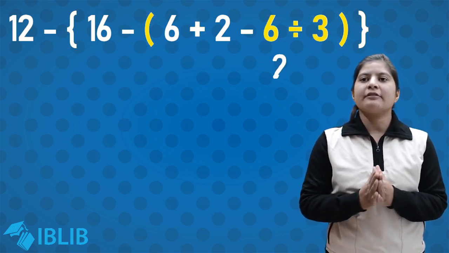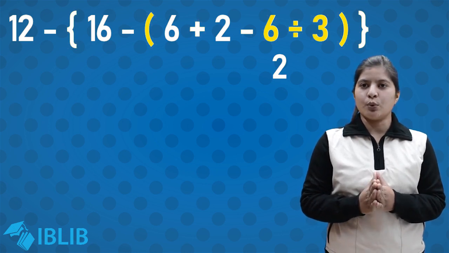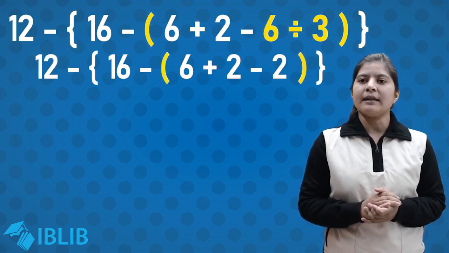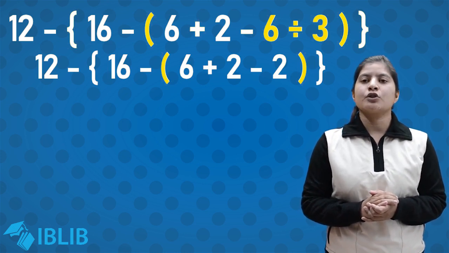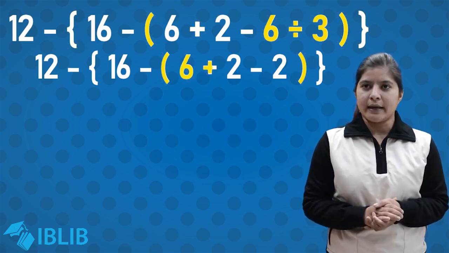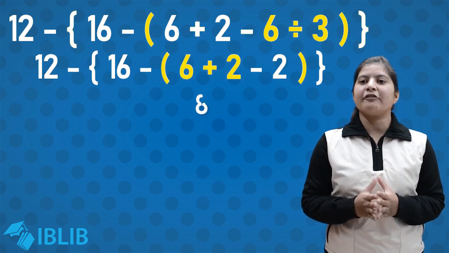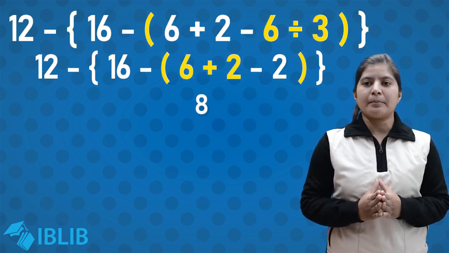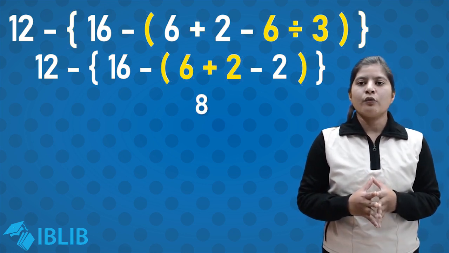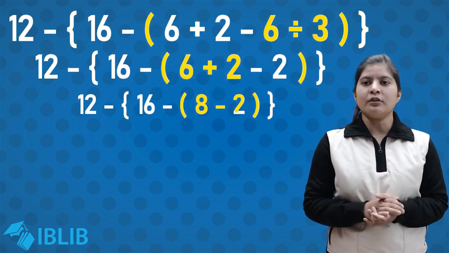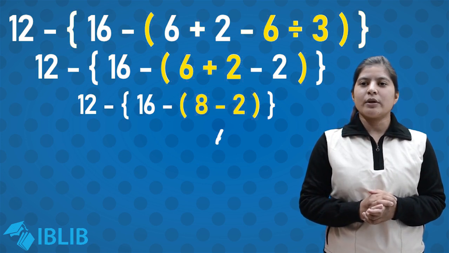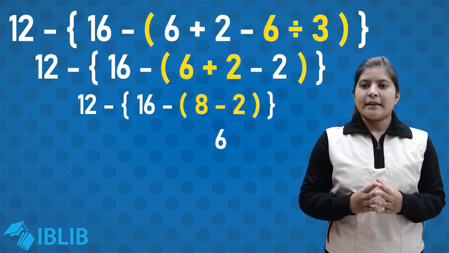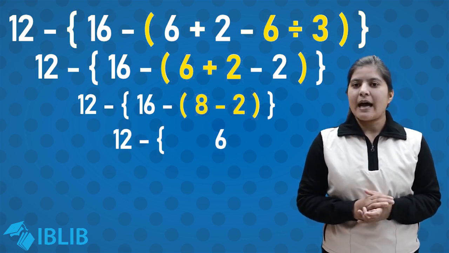So 6 divided by 3 will give us 2 and copy down the remaining part as it is. Now we will perform addition. So inside the round bracket, 6 plus 2 will give 8. Now we'll perform the subtraction inside the round brackets. So 8 minus 2 is 6. Write it and copy down the remaining part as it is.